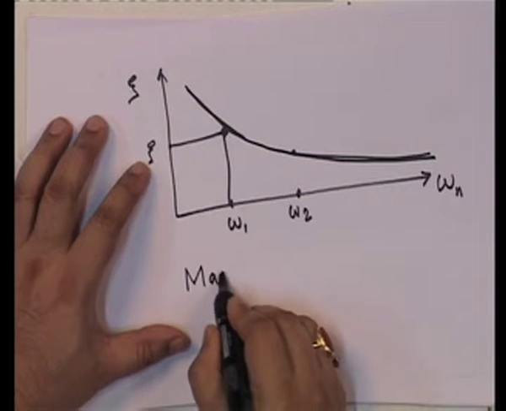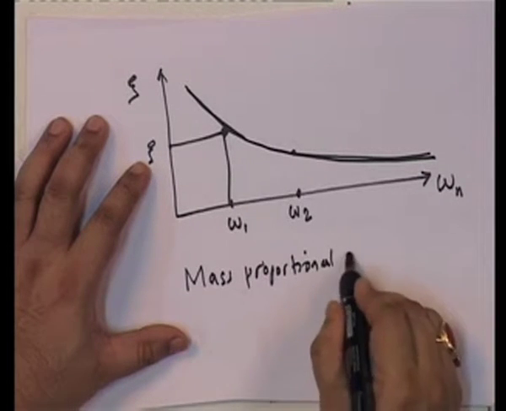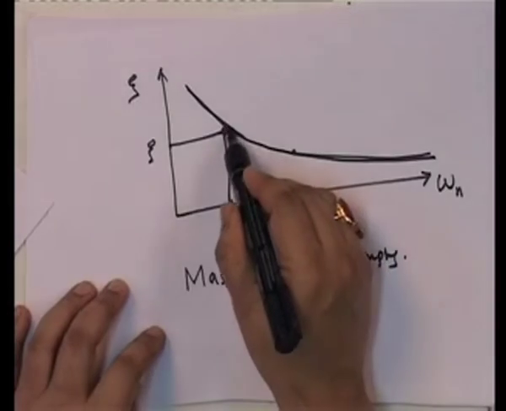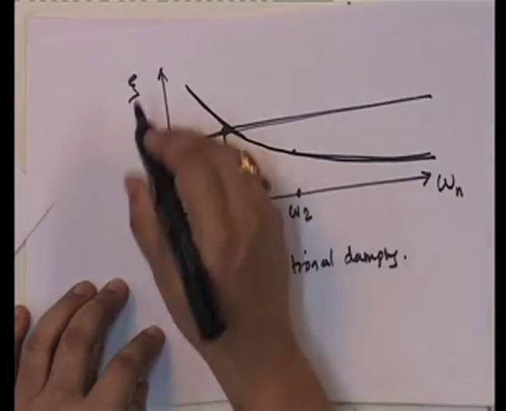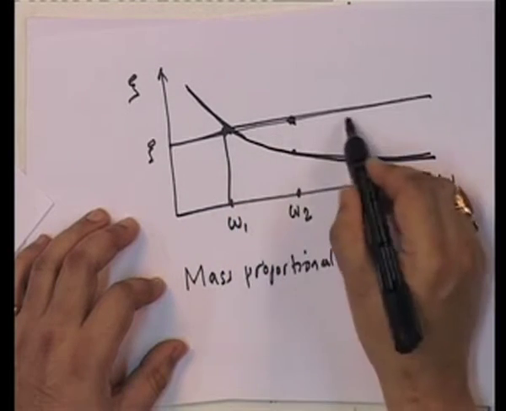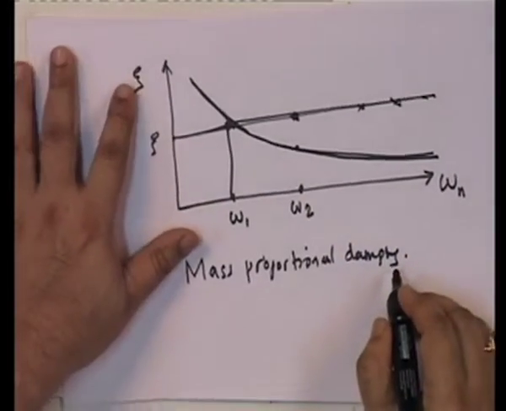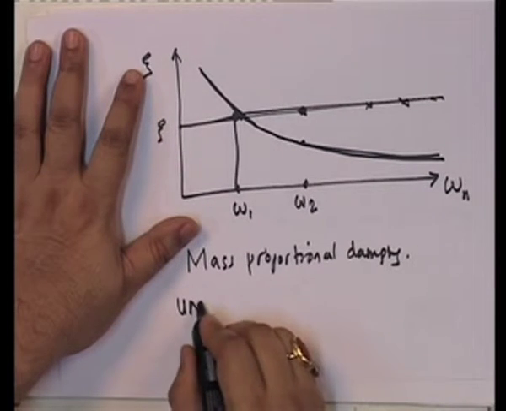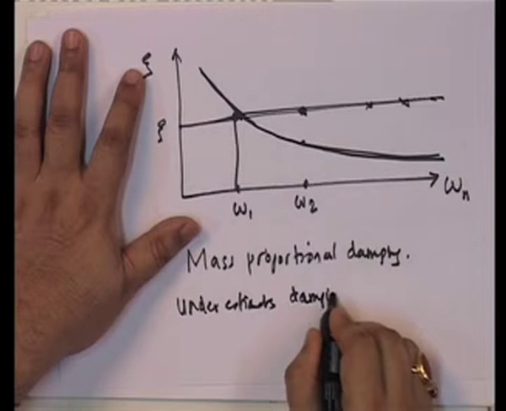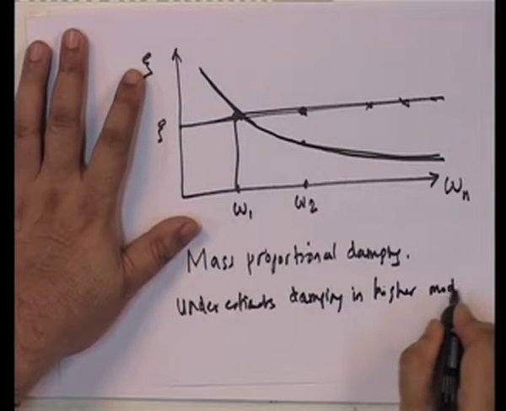So, mass proportional damping, what does it do? We know that all modes have to have 5%, but once I make it mass proportional damping, it underestimates damping in higher modes.